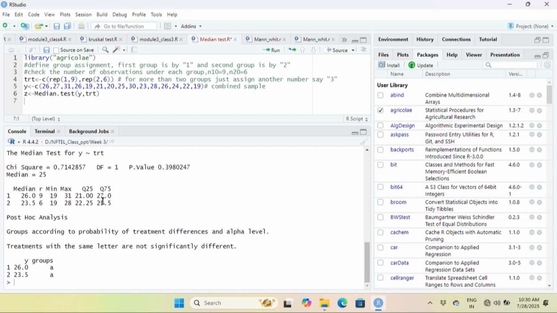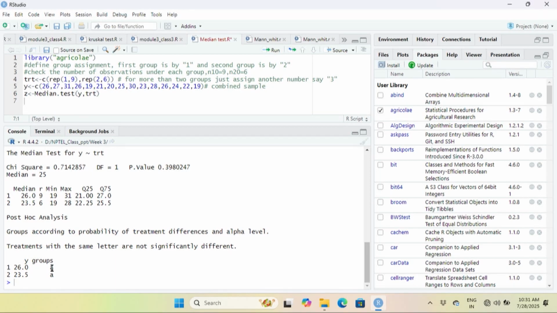So when you are doing the same with 3 groups, the post hoc analysis will give you 3 parts: 1-2 group, then 1-3 group, then 2-3 group.